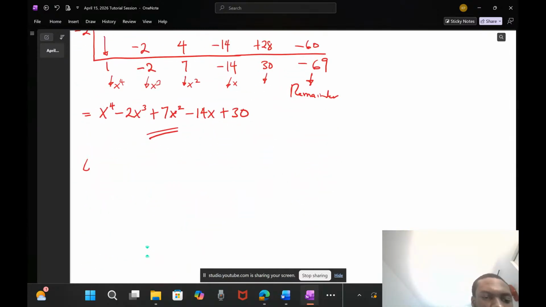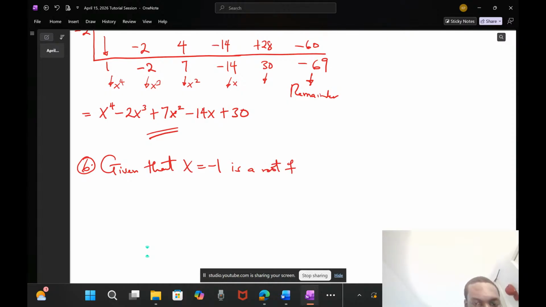So number 6. So let me do one more. So let's say we're given a question like this, given that x equals minus 1 is a root of x raised to power 4 plus x cubed minus 7x squared minus x plus 6.